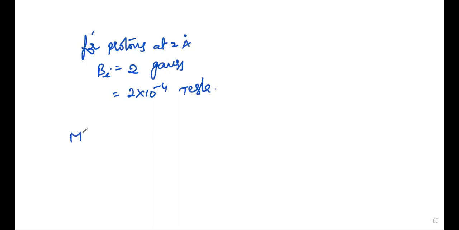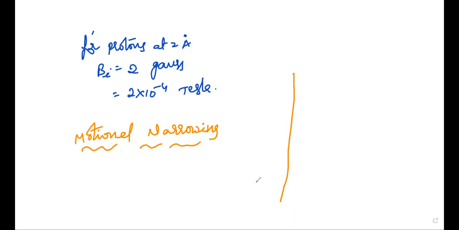Now the motional narrowing. The effect of diffusion of nuclei on the lithium NMR line within metallic lithium.